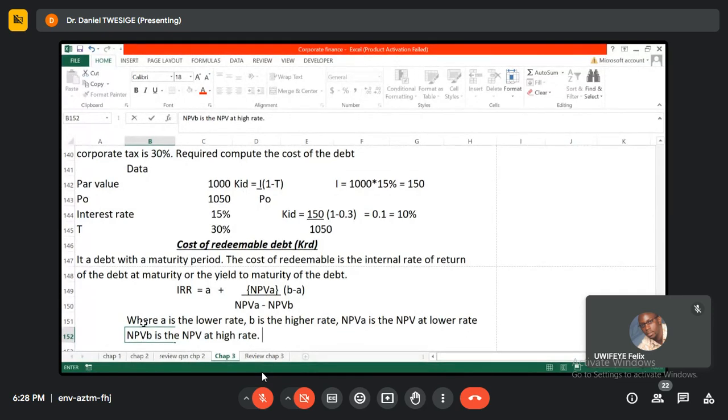Then after that, you can interpolate your IRR, and the IRR is going to be the cost of a redeemable debt at maturity.